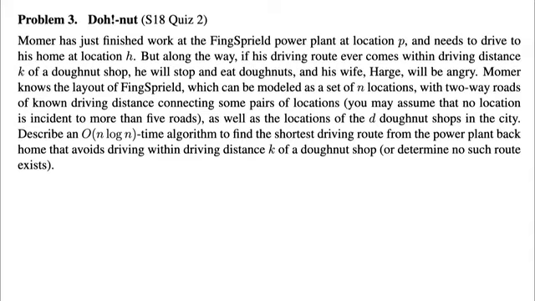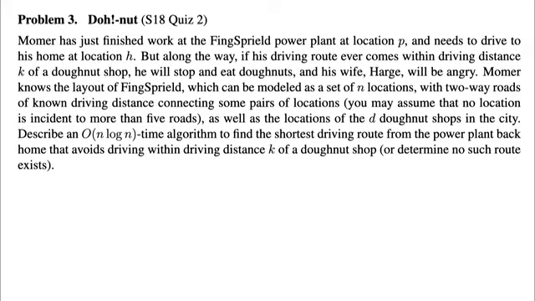They say he knows the known driving distance connecting some pairs of locations. If I were writing this problem now, I would probably be a little bit more explicit. The distance is positive, but that's something you might come into contact with, right? Distances are positive, and so we can't have negative distances here, okay?